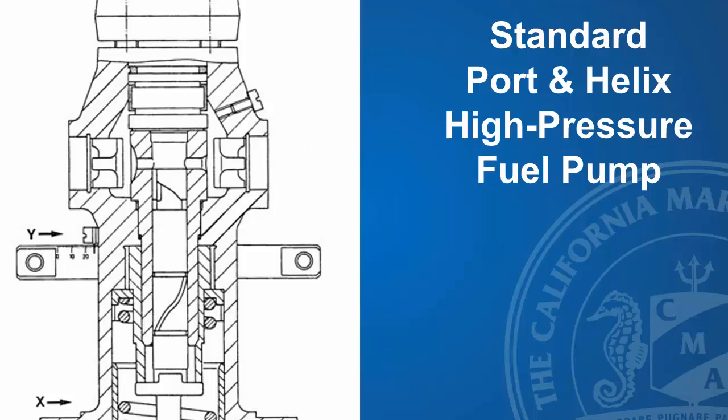Now, on some high sulfur residual fuel engines, they will also supply a small amount of lube oil in that area to help lubricate. The other one here, on either side of your spill and suction ports, you'll see there's what's called a wasting plug.